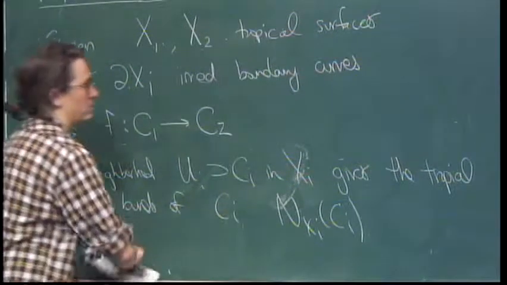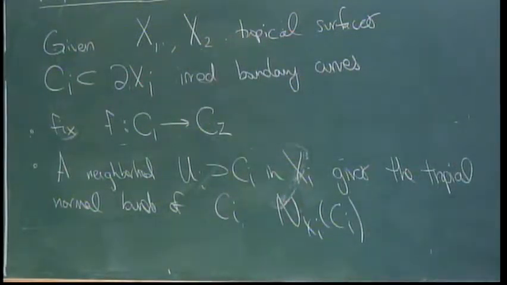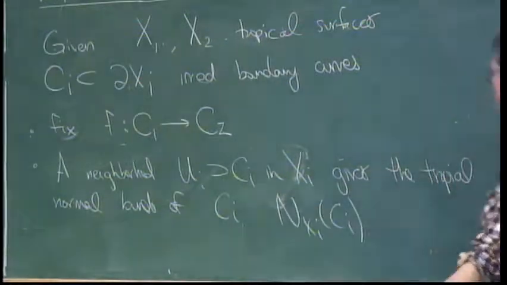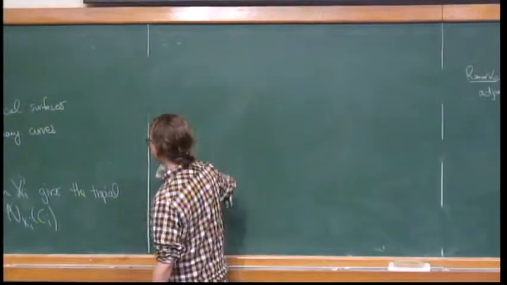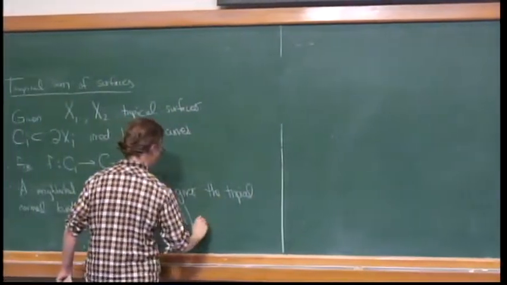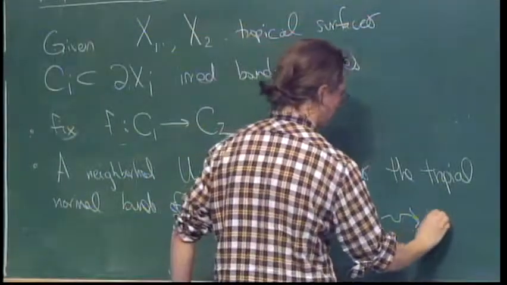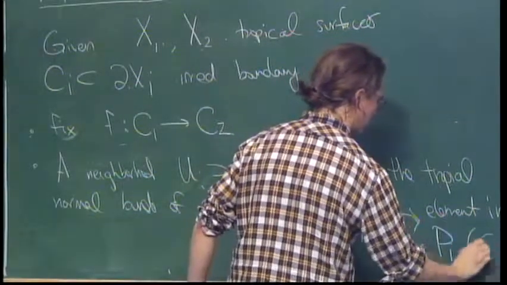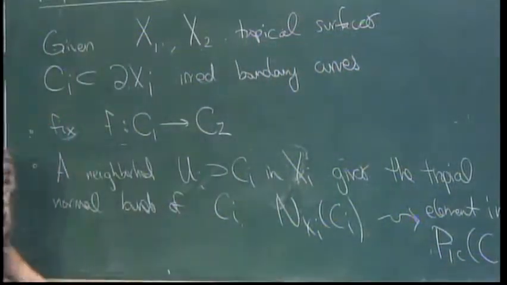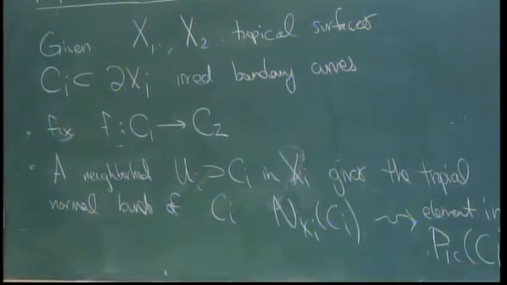And so if we follow the usual classical constructions for our dictionary between bundles and line bundles and divisors and Cartier divisors and everything, then we can see that this gives us an element in the Picard group of C_i, just by the usual classical way.